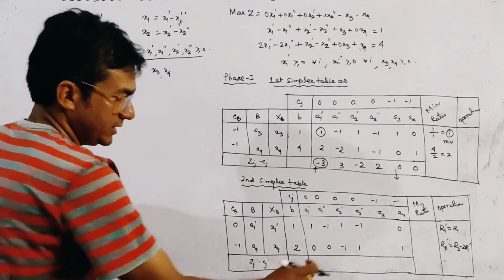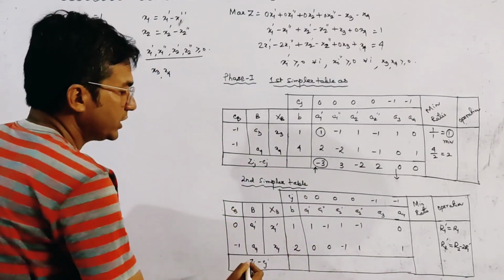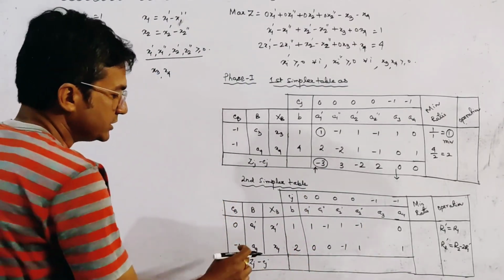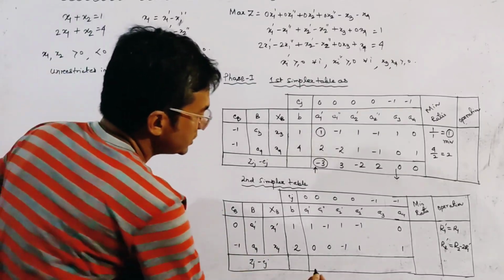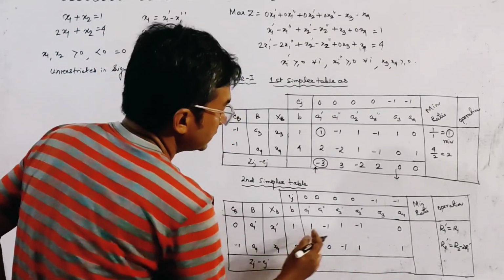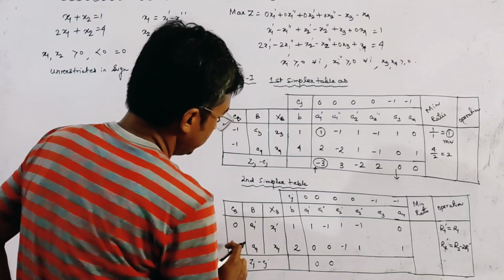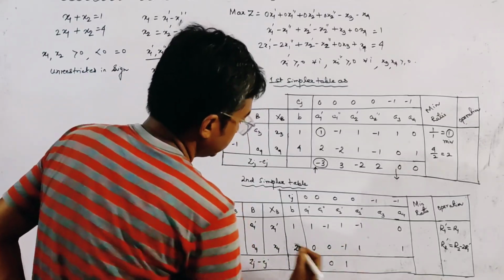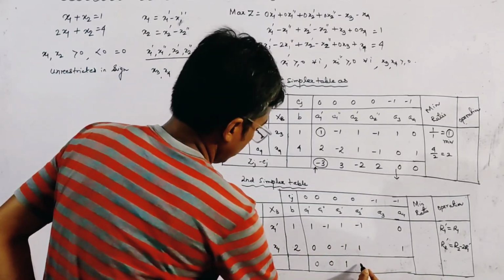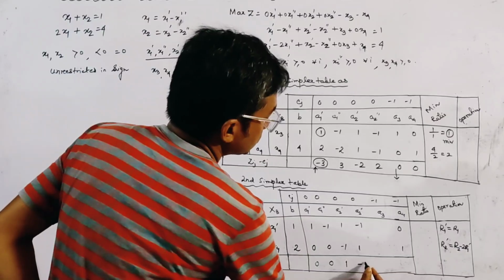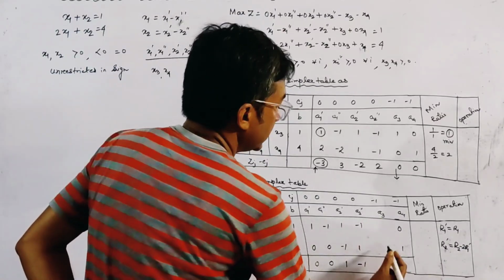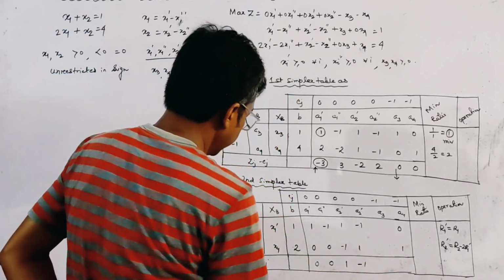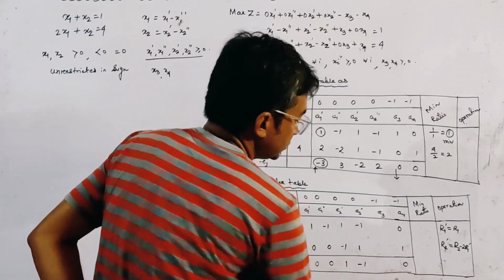Okay, right, like this. Now we calculate the net evaluation zj minus cj, which is given by, this is 0, this is clearly also 0, and this is 1, this is also minus 1, and this is empty, and this is given by 0.